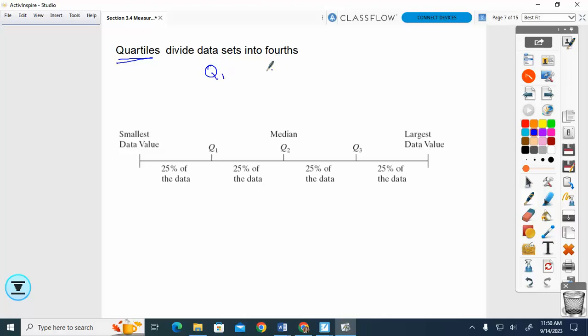So quartile 1 is the same as the 25th percentile. Quartile 2 is the same as the 50th percentile. Quartile 3 is the 75th percentile. We don't really look at the fourth quartile because that just means that everything is below that value. So we wouldn't really use it.